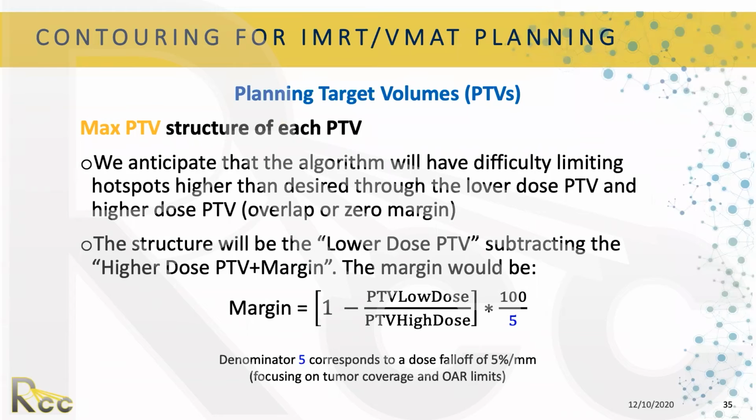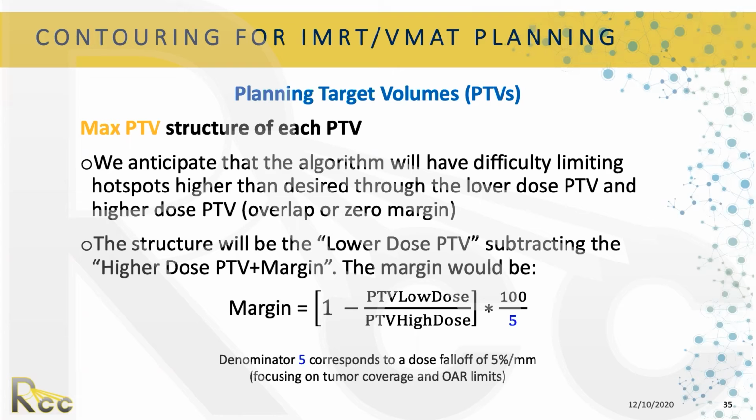Another structure that we are going to be using is a max PTV structure for each PTV. In general, when we are optimizing, we anticipate that the algorithm will have difficulty limiting hotspots higher than desired in the lower dose PTV when there is no overlap or zero margin between the lower and high dose PTV.